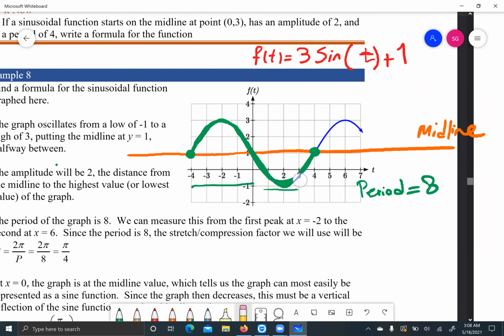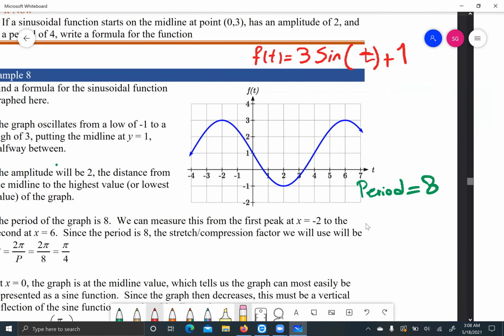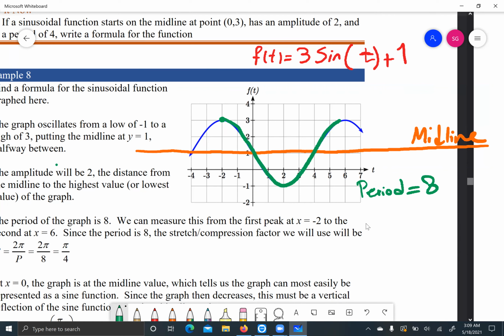You could also see the period in this way. Again, one more time, this is the midline. This is a cosine function. So it starts from here, at the height of 1. Then it goes all the way down, and comes back to the height of 1.